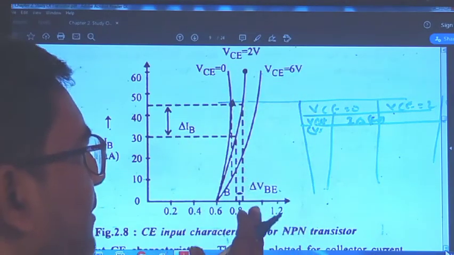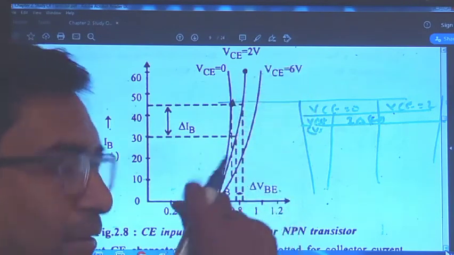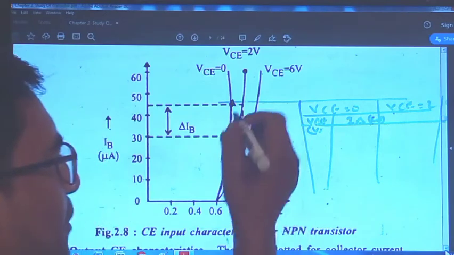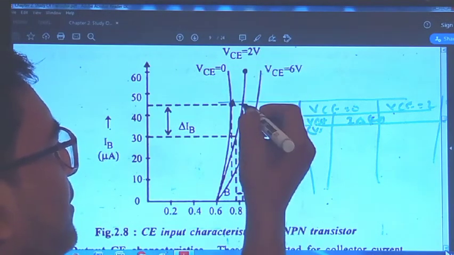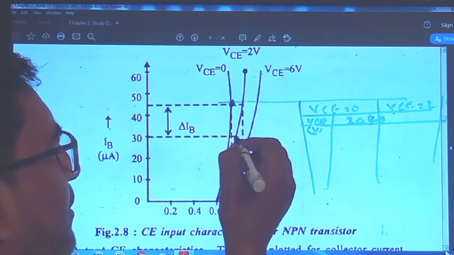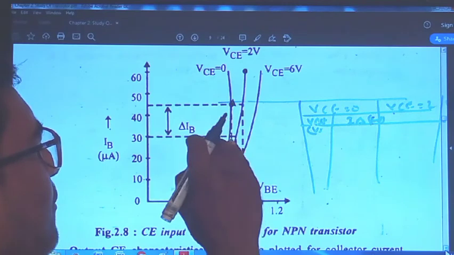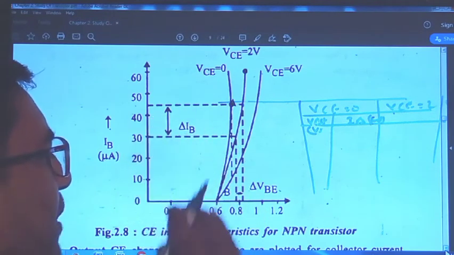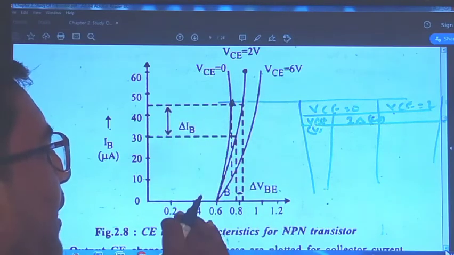From these characteristics, just mark one point anywhere in any one graph. If we consider the center one, VCE equal to 2, we mark this point and this point, and parallel lines are drawn to the y-axis and to the x-axis, and the next point again to the x-axis.